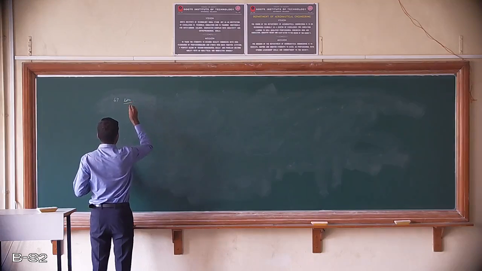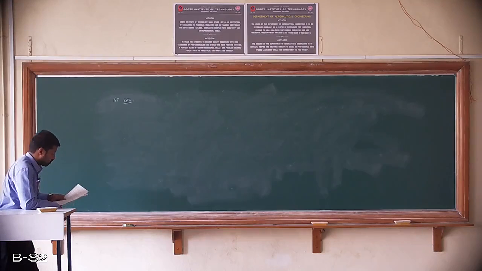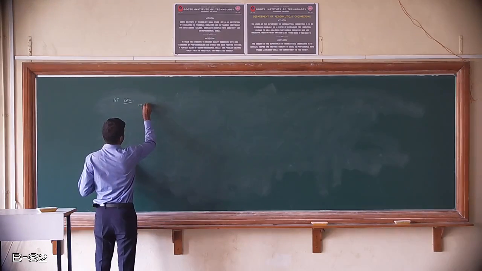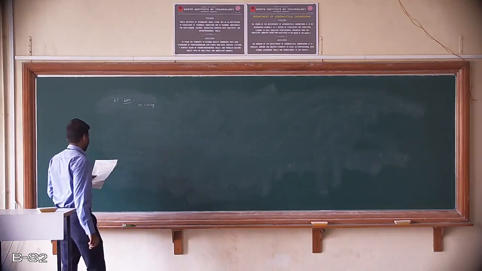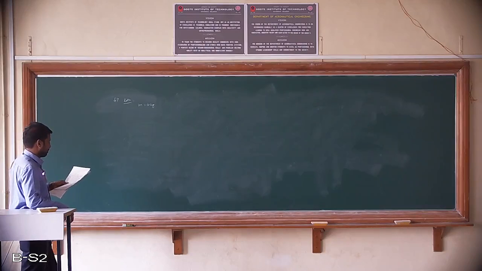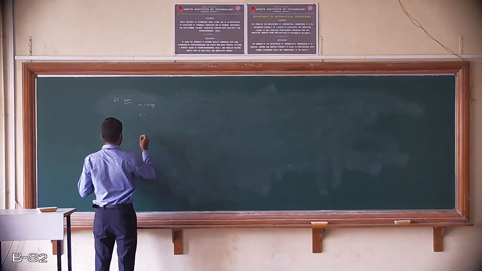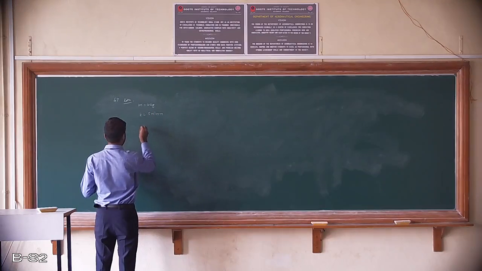Whatever the data they have given, let us understand. The measurement on a mechanical vibrating system shows that the mass of 10 kg, that is mass is given, that is 10 kg, and that can be combined to give an equal spring stiffness. K is given, equal spring stiffness 5 Newton per mm, which has to be converted.